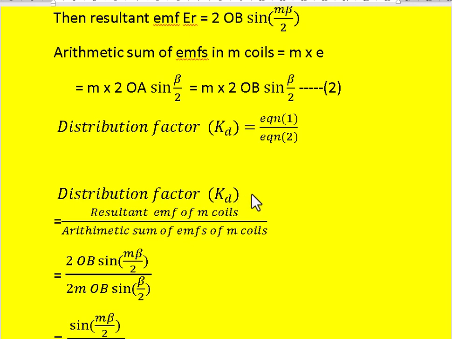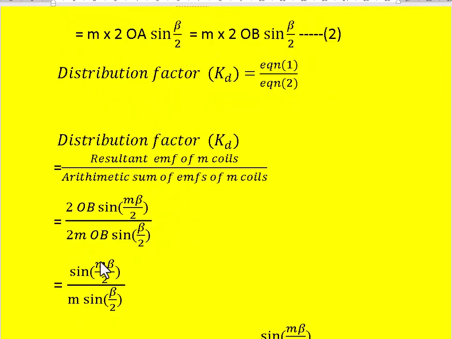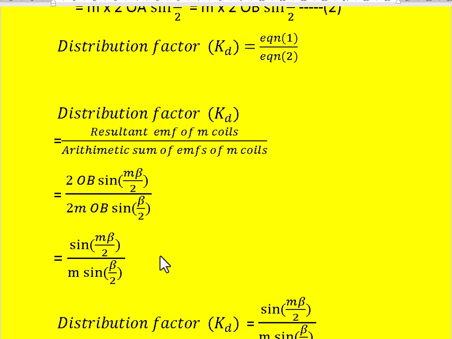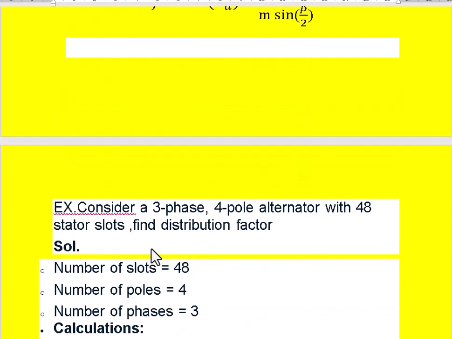Substituting them here, after defining again the distribution factor, we get: distribution factor KD is equal to the resultant EMF of M coils divided by the arithmetic sum of EMFs of M coils, that is equal to 2 into OB into sine M beta by 2 divided by 2M OB sine beta by 2. After simplification, the 2 OB gets cancelled in the numerator and denominator, and we get sine M beta by 2 divided by M into sine beta by 2. And this is valid when the alternator does not have any harmonics in the waveform.